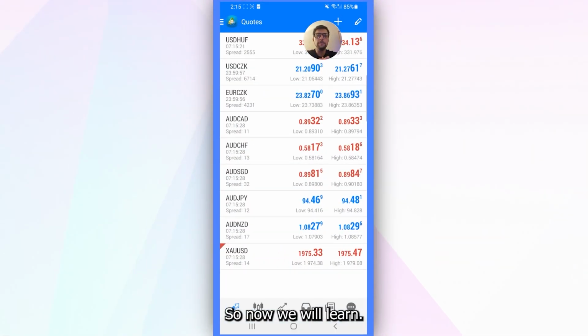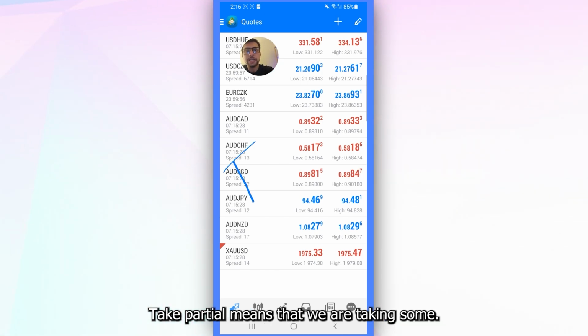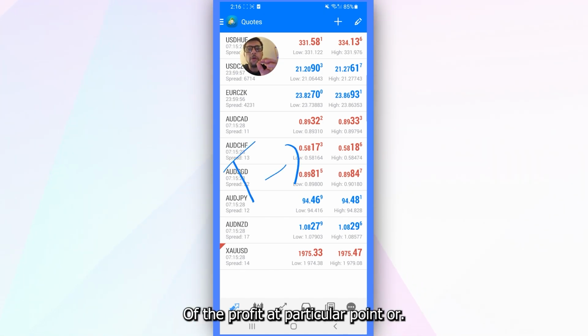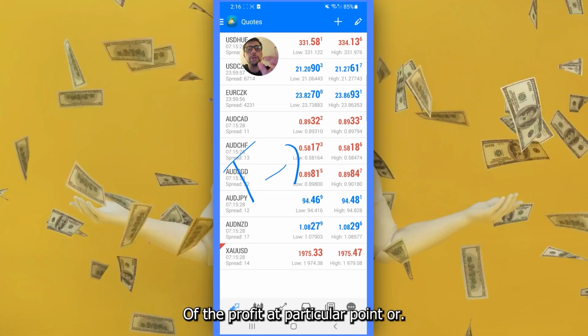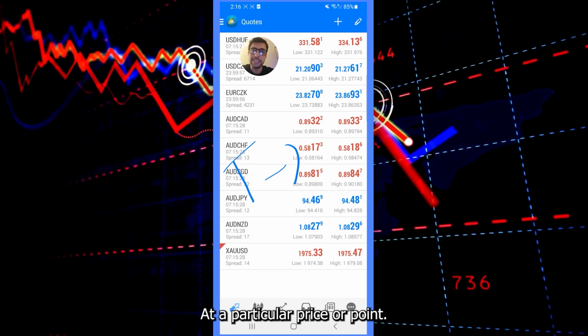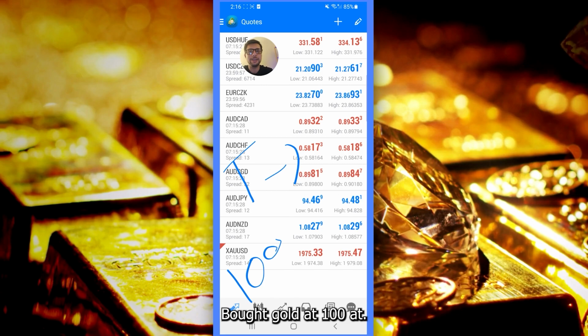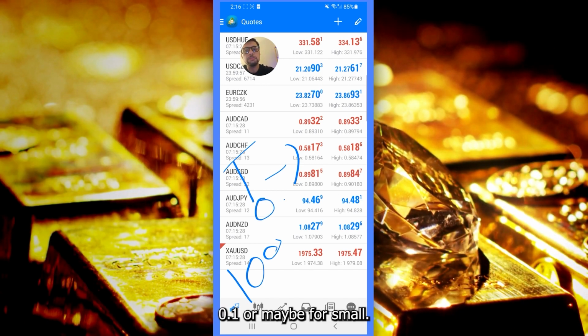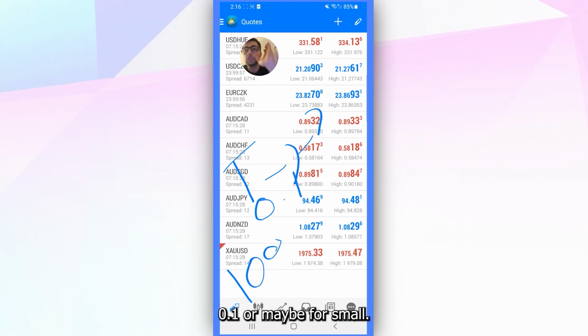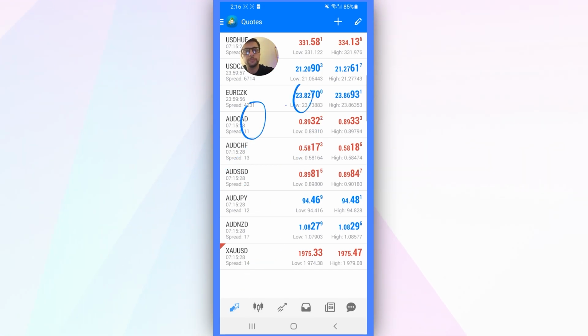So now we will learn what is take partial. So first of all, what's the meaning of take partial? Take partial means that we are taking some of the profit at a particular point, or some of the losses at a particular price or point. Which means if we bought gold at 100 at 0.1, or maybe for small accounts, for small traders, 0.02.